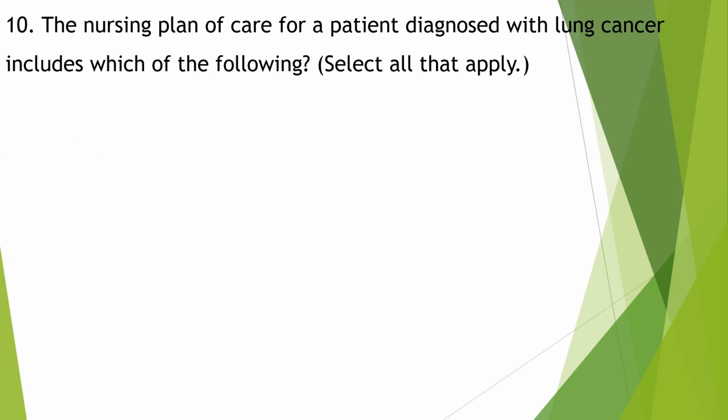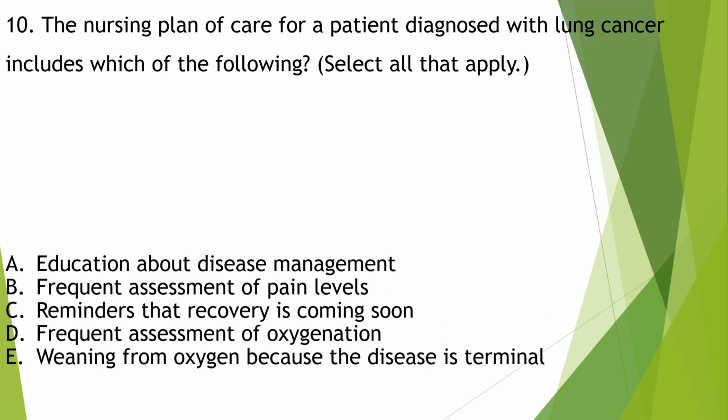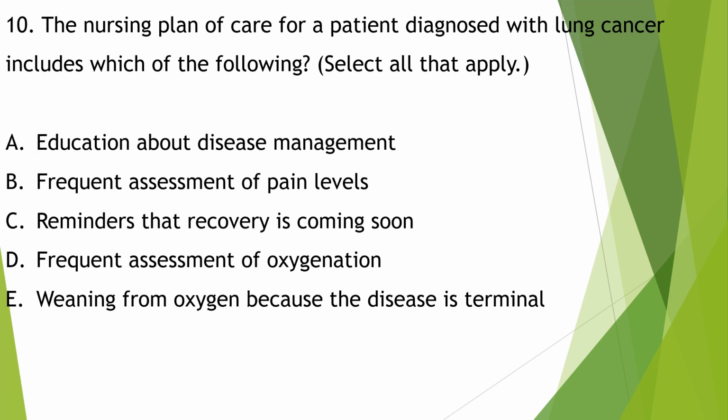The nursing care plan for a patient diagnosed with lung cancer includes which of the following? Select all that apply. Education about the disease management, frequent assessment of pain levels, reminders that recovery is coming soon, frequent assessment of oxygenation, weaning from oxygen because the disease is terminal.